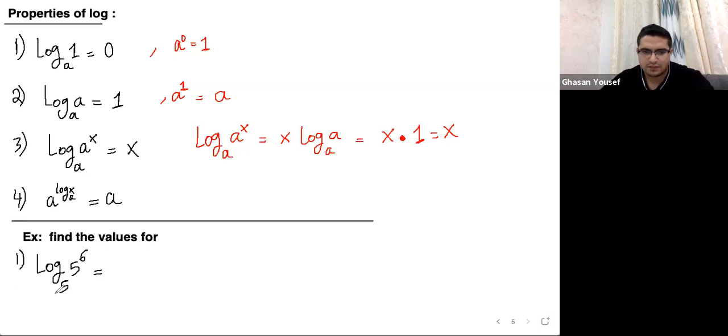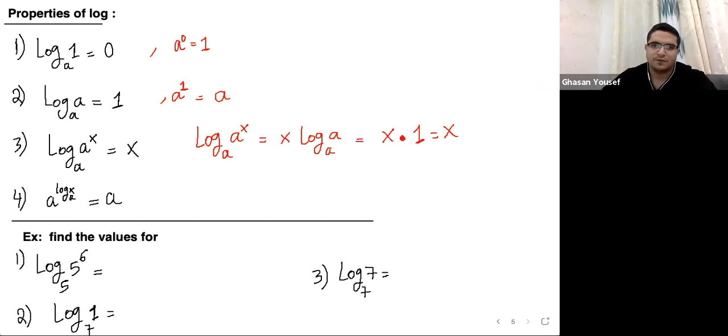What is that equal to? Number 2, log 1 to the base 7. What is that equal to? Number 3, log 7 to the base 7. What is that equal to?